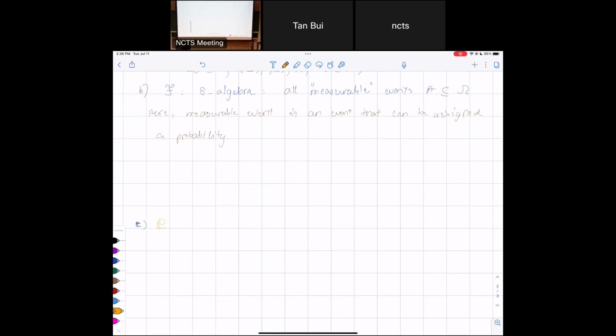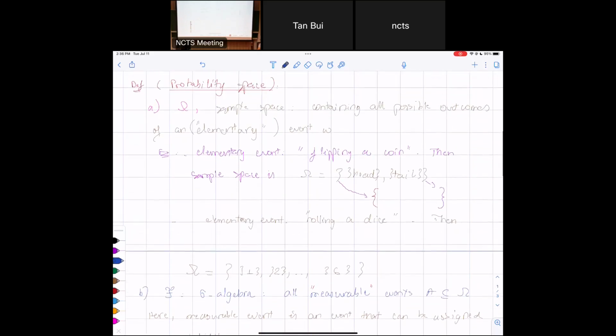P is a probability measure. A probability measure is a map. Okay, so we're going to look at everything from a mathematical point of view. So you see, basically sets and functions are what we are talking about right now.